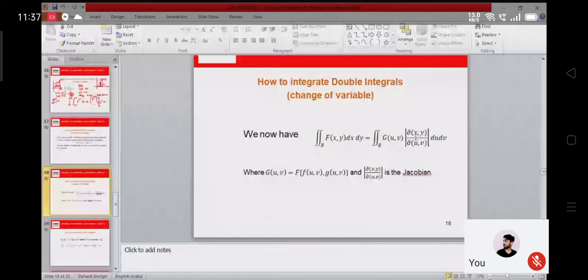What is Jacobian? And what is g(u,v)? If you replace x and y by u and v in the function f, then that expression is g(u,v). If you are having difficulty understanding, let us directly go to this example and try to solve it.